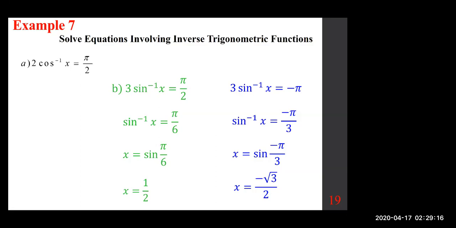All right. So the very first one, now we are looking at cosine. What's happening is 2 cosine inverse of x equals pi over 2. You have to get to cosine inverse, so we divide by 2.